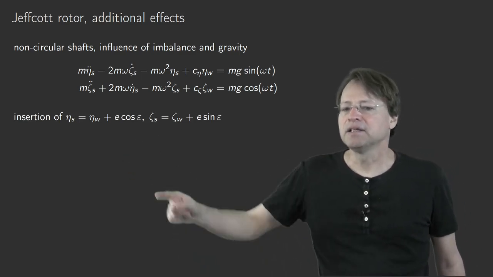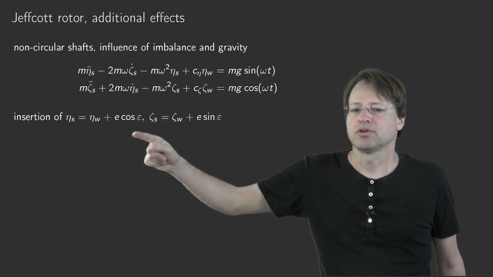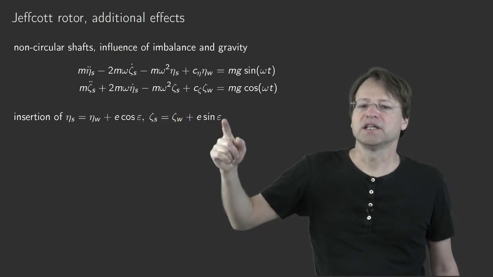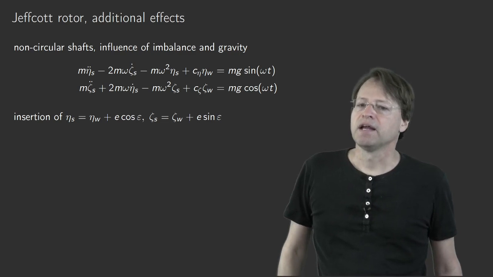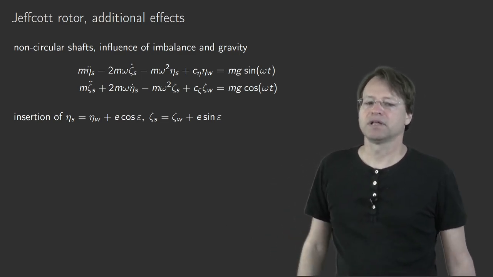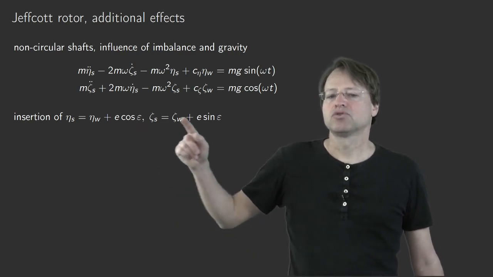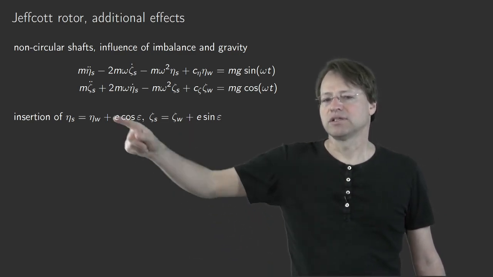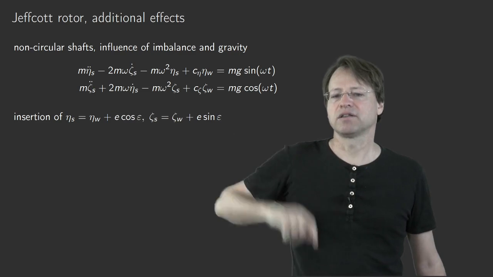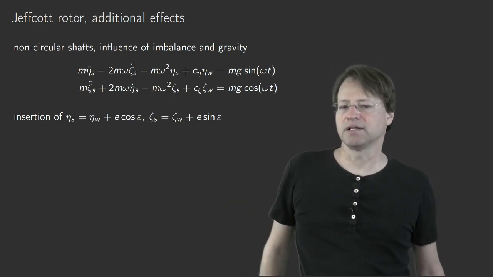Once again, let me remind you that the additional term, the harmonic function here, is a time-independent function, as we are dealing with body-fixed coordinates. And now it's quite simple to apply these two conditions, because we have to replace the second and the first derivative, and also the function itself.